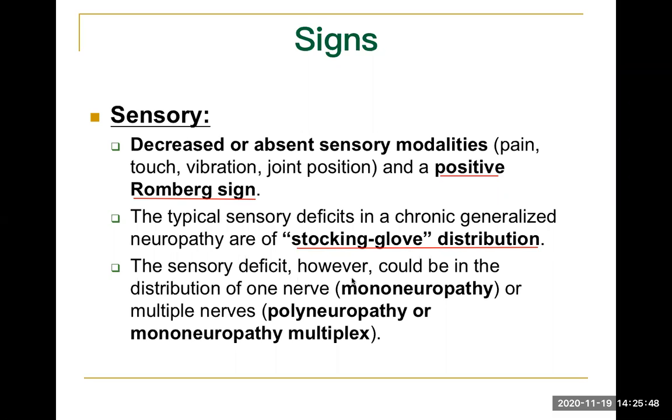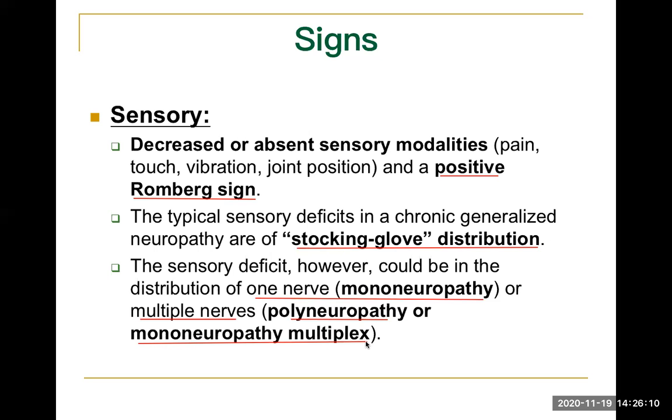The sensory deficit, however, could be in the distribution of one nerve, and when that happens, we use the term mononeuropathy, or multiple nerves, we use the term polyneuropathy or mononeuropathy multiplex. Mononeuropathy multiplex means involvement of nerves in a patchy way.